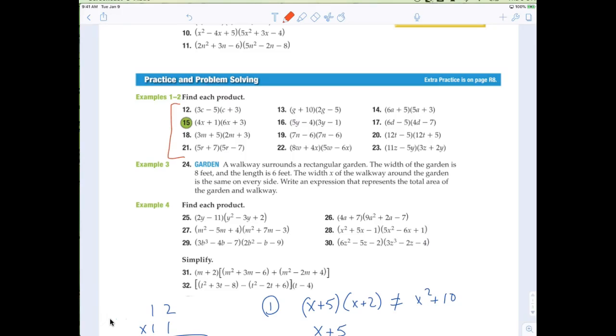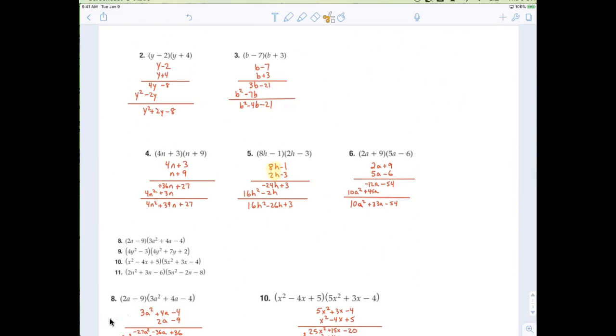And then I just need you to do 25, 26, and 27. And that's it. But what I'm going to do right now is grab 23 and do 23 with you. So please look at one more, and then you're on your own.